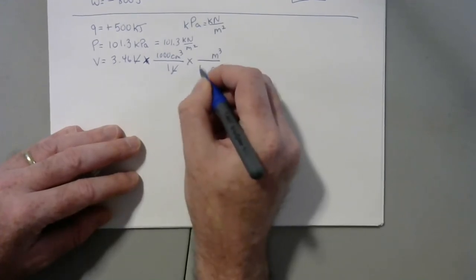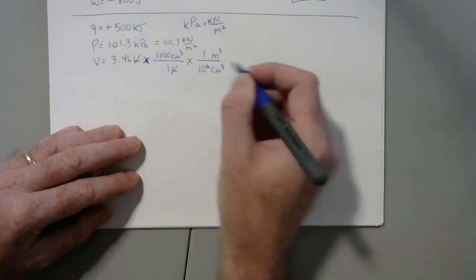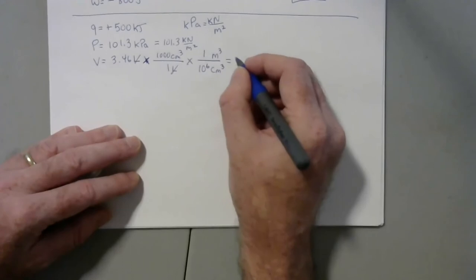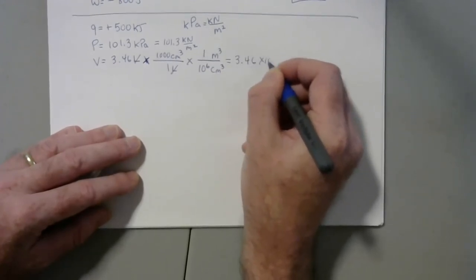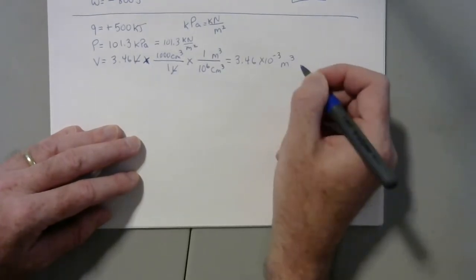So we have to cube that, so it's 10 to the 6th centimeters cubed per 1 meter cubed. When you do that, you get 3.46 times 10 to the negative 3rd meters cubed.